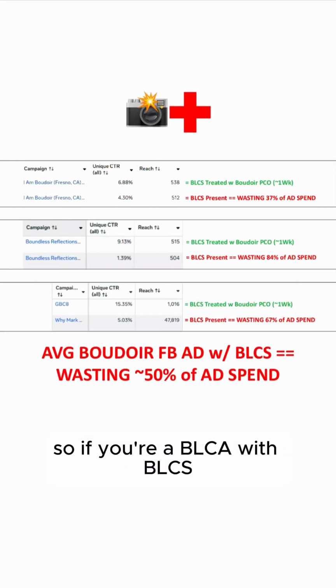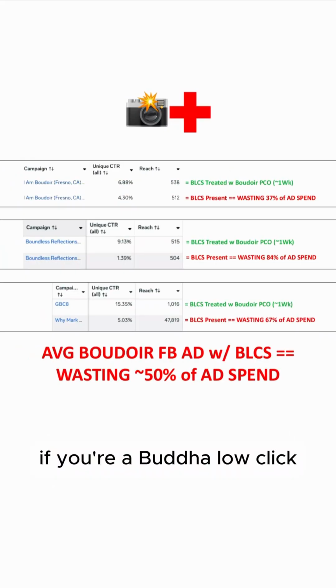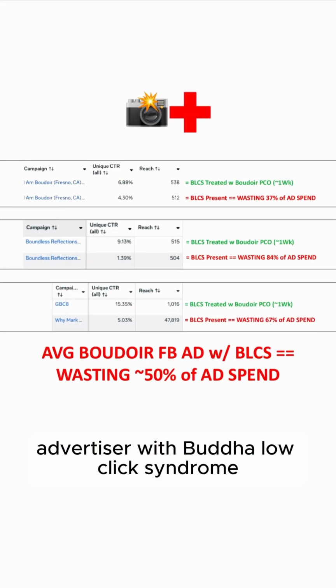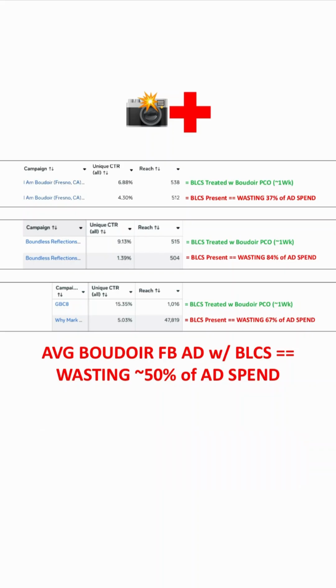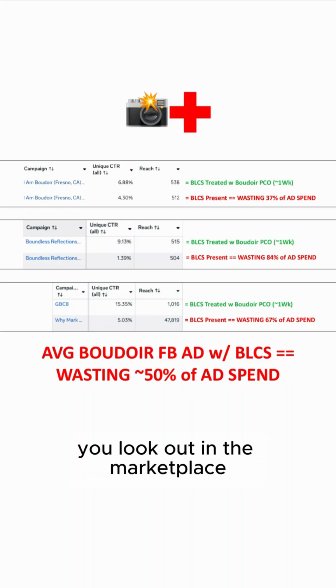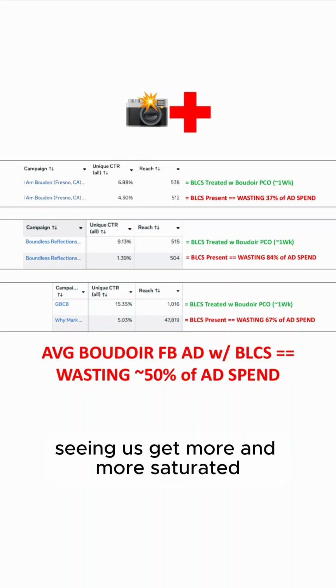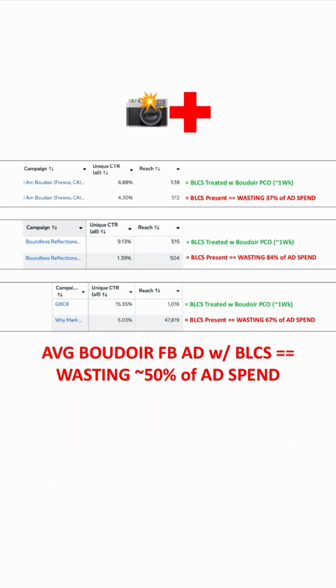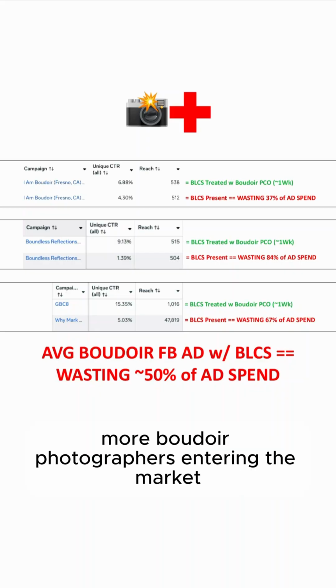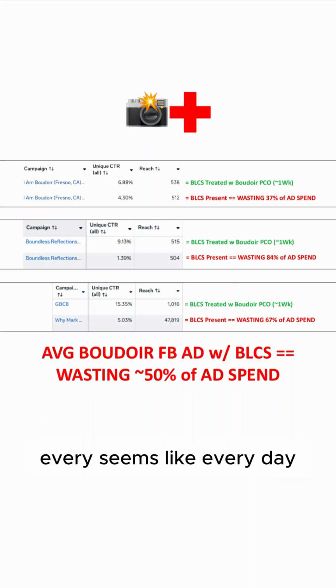So if you're a BLCA with BLCS, if you're a boudoir low click advertiser with boudoir low click syndrome, and you're spending more than 10 grand a month on boudoir Facebook ads, and you look out in the marketplace, seeing it's getting more and more saturated. More boudoir photographers entering the market seems like every day.